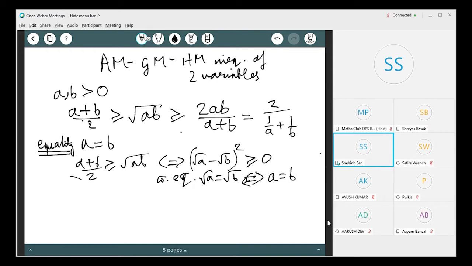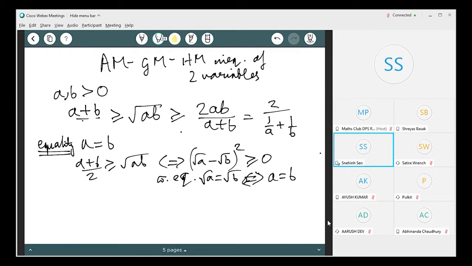So this is the case of equality. In the first case, if we do transposition, we get 2 root AB by A plus B greater than or equal to 2AB by A plus B. But if you do a transposition and this invertendo over here, you have to also do it over here because you can't just multiply one inequality.